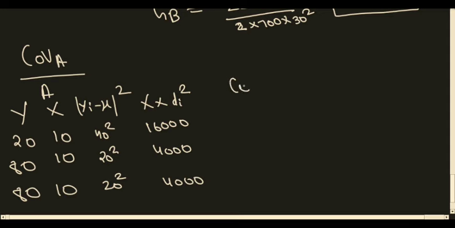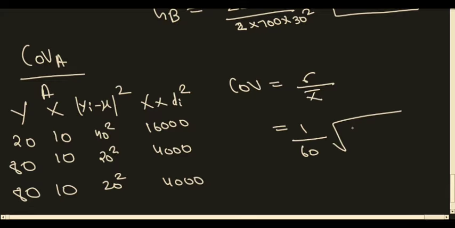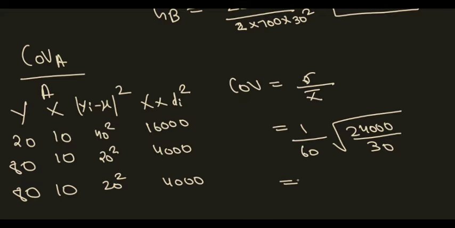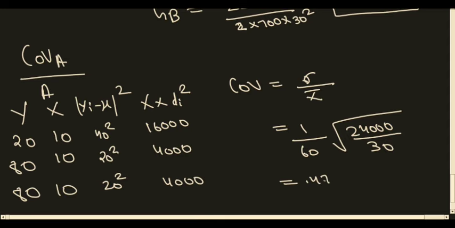So our coefficient of variation is sigma upon x bar, or 1 upon 60 under root of the sum of squared deviations, that is 16,000 plus 8,000, 24,000, whole upon n, that is 30. This would come out to be 0.471 for COV of A.